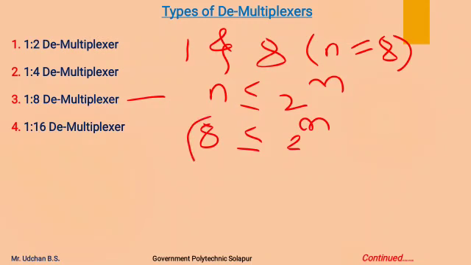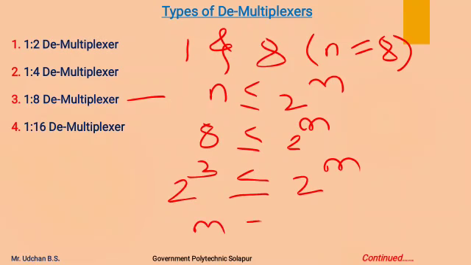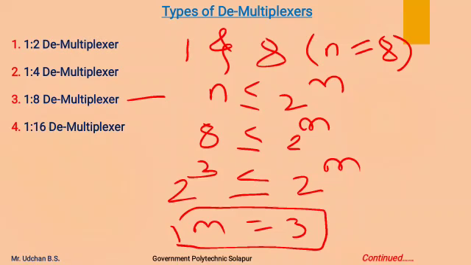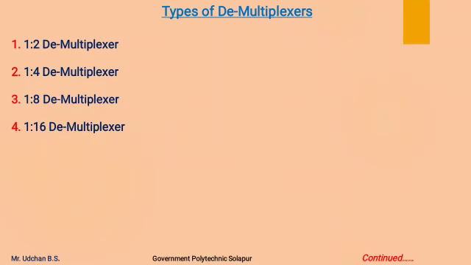We can write this 8 as 2 raised to 3, which gives 8 equal to 2 raised to m. Again comparing powers, we get the number of select lines as 3. So the 1:8 demultiplexer will have 3 select lines.